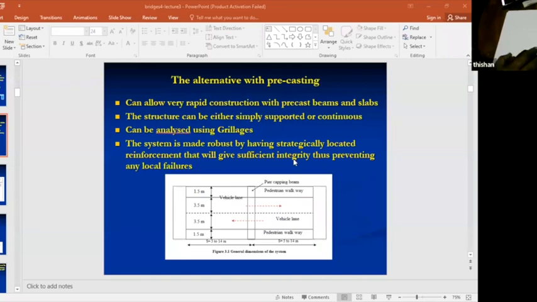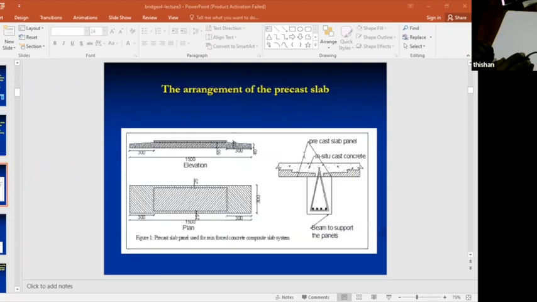And then we also looked at this particular concept where we go with precast members with the idea of minimizing the weight of the bridge. We said we can go with this kind of precast sections, and these are the keys to ensure that it acts as continuous.